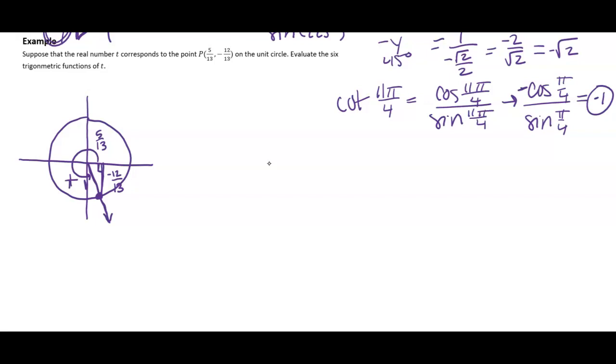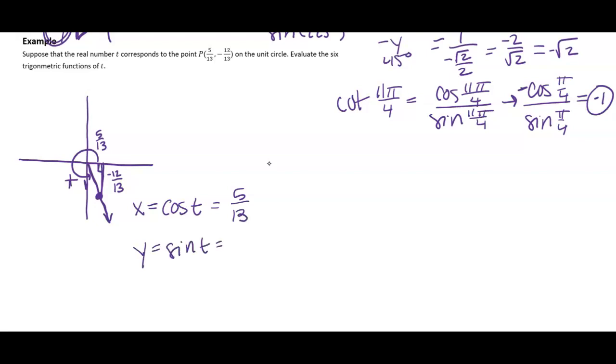And so I could then use any of my trig ratios, knowing that x equals cosine t would be 5/13. Y equals sine t equals negative 12/13. Tangent of t is going to be sine over cosine.